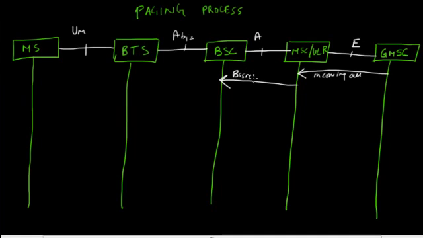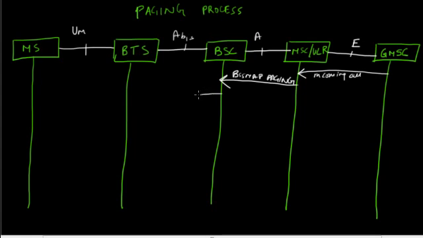So it pages all the BSSs in the LAI. Now the message between MSC VLR and BSS, the BSSMAP paging, is a layer 3 message. That's the protocol used between BSC and MSC to communicate with each other.